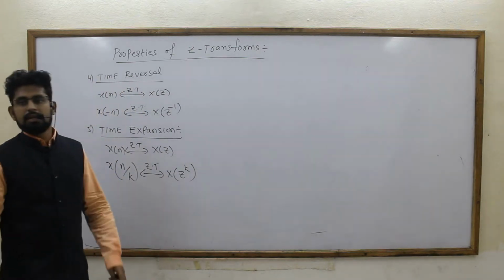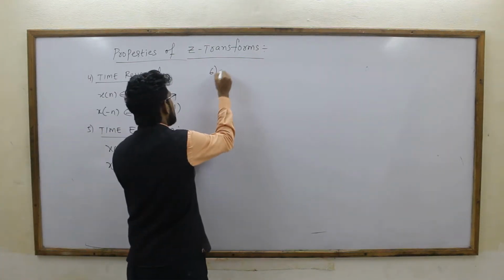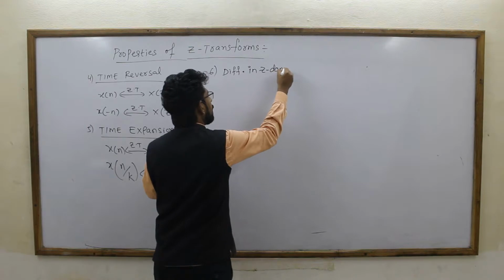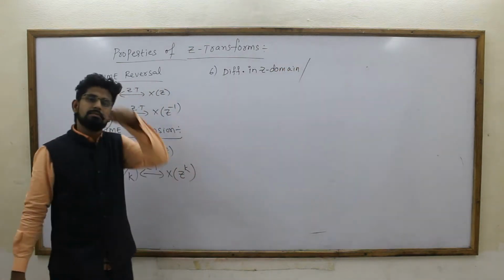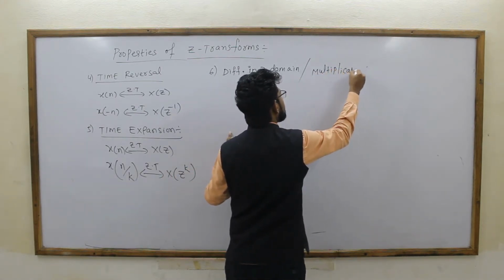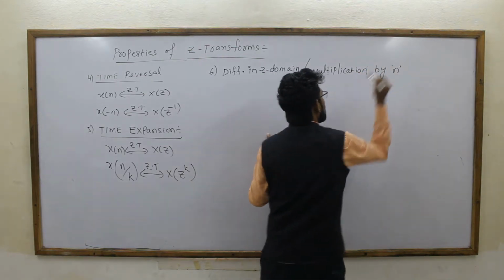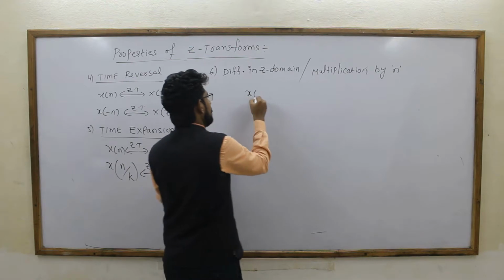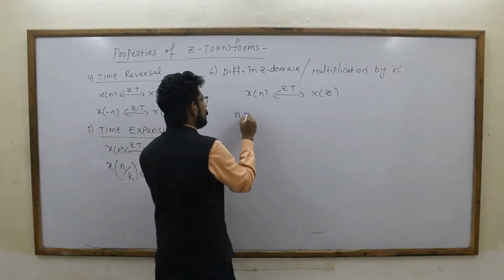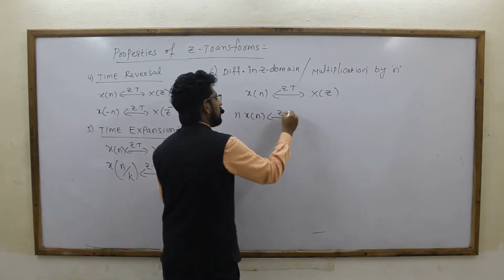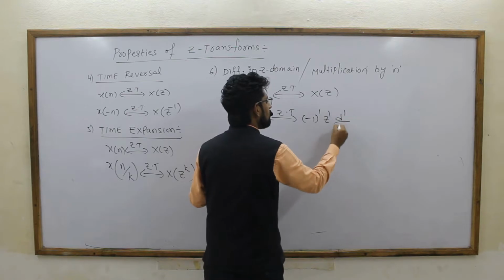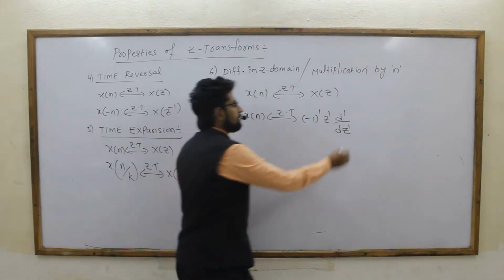Right? Next one, differentiation in z domain. This is also called multiplication by n in time domain. x of n whose Z transform is X of z. n into x of n has the Z transform minus 1 power 1, z power 1, d power 1 by dz power 1 into X of z.